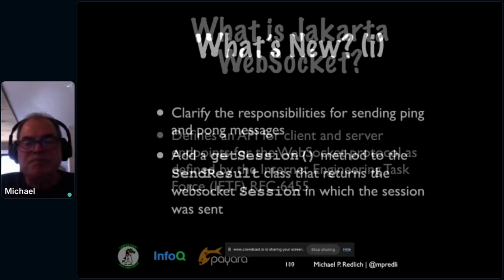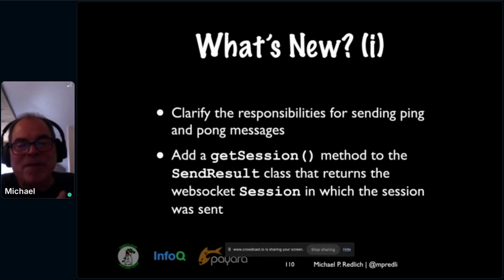So, again, WebSocket is something I have not experimented with, but there's something known as ping and pong messages. I guess that's communication between two points. That's my guess on that. There is a new get session method that is added to the send result that will return a WebSocket session from which the session was sent.